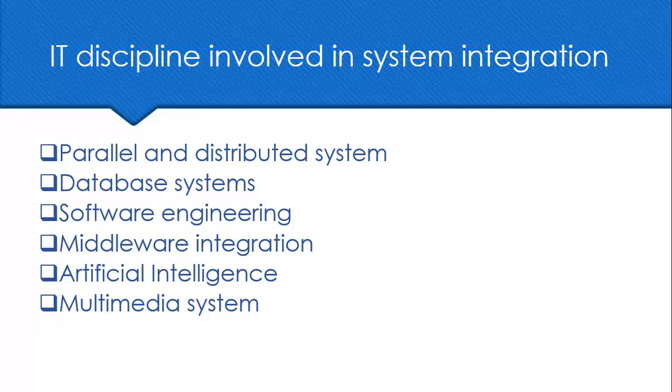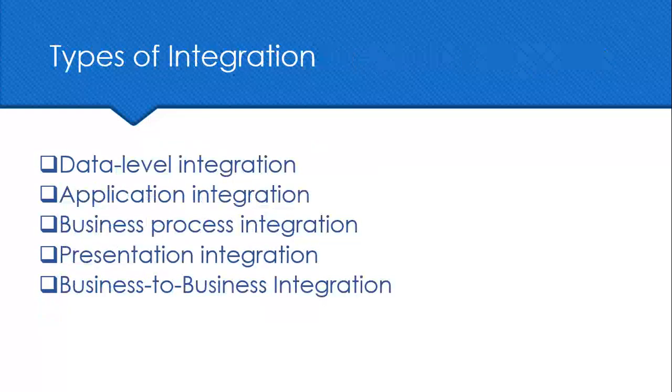Multimedia system. So if we will be incorporating multimedia elements such as adding or playing videos or playing audios or music, or there are certain animations in your system, then you tend to integrate that one. So that is one way of integration.